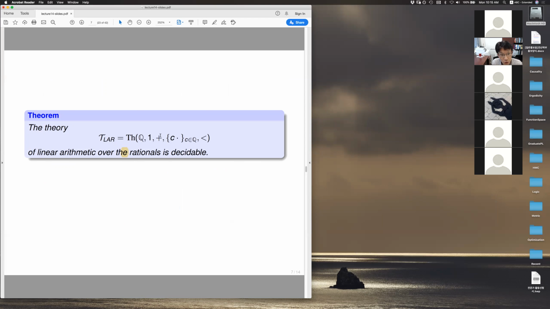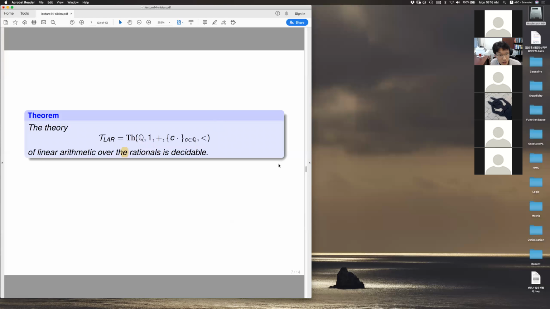The quantifier elimination for this theory has two steps. Step number one is almost the same as what you saw before. Step number two is almost the same, essentially saying the largest element in the lower bound should be smaller than the smallest element in the upper bound. So I encourage you to have a look at this.